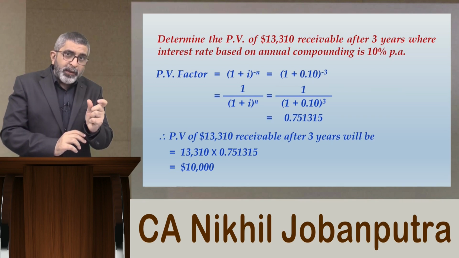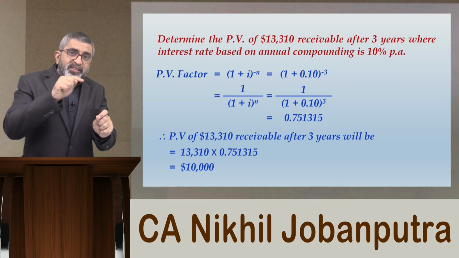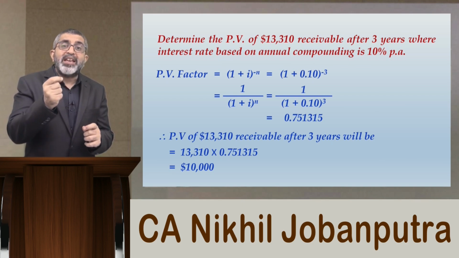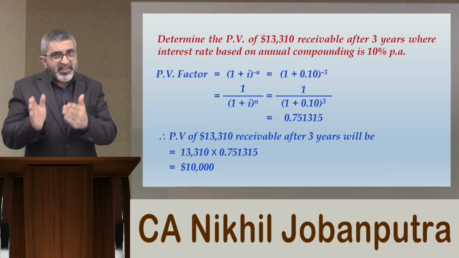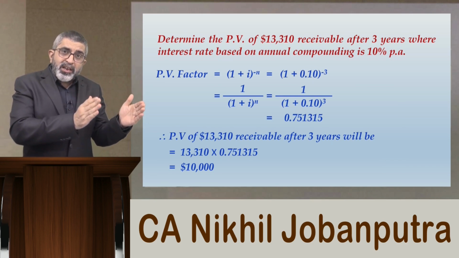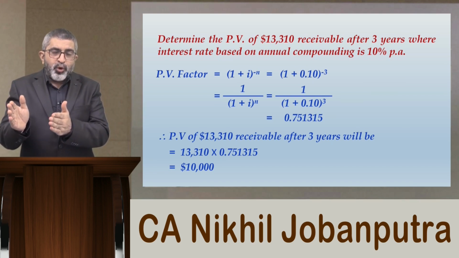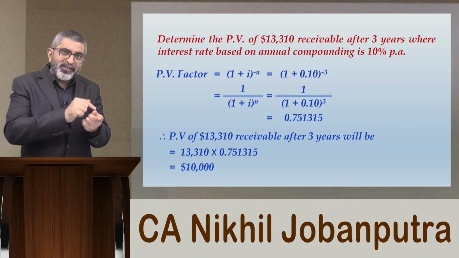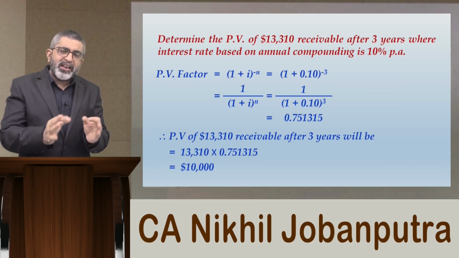And that is why the rate of interest or the rate of return that was considered for this purpose is called discounting rate. So when you are converting a future value to its present value, you are converting a future cash flow into a discounted value of cash flow, and whichever rate of interest is the applicable interest rate over there is therefore also called as a discounting rate.